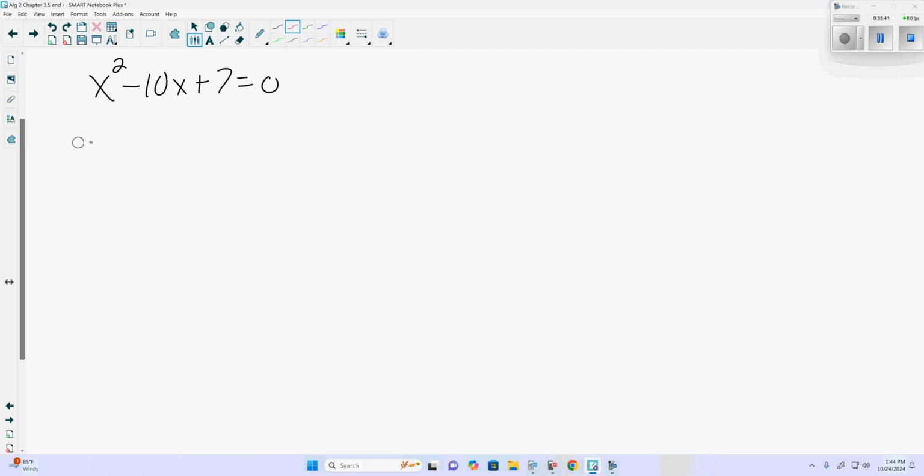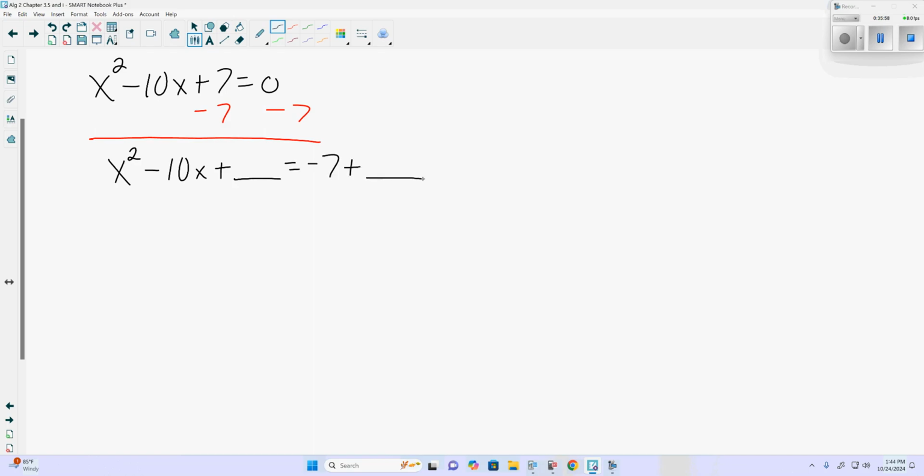So what we can do here is move the 7. Since the 7 is positive, I'm going to subtract it from both sides. So on the left-hand side, we'll have x squared minus 10x plus blank equals negative 7 plus blank.